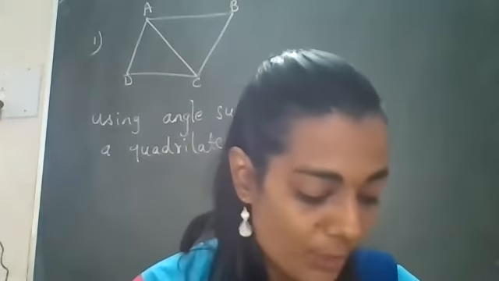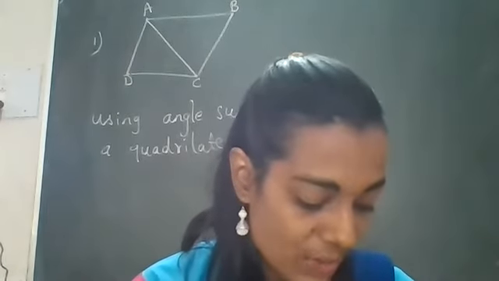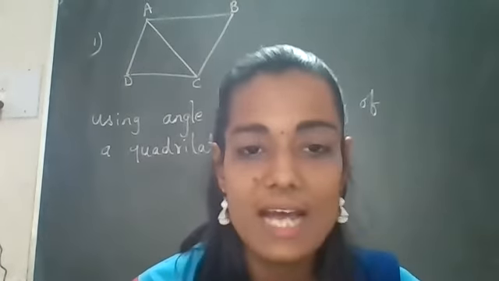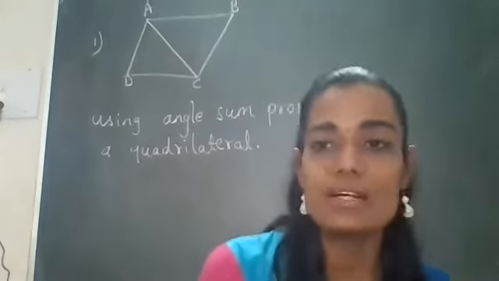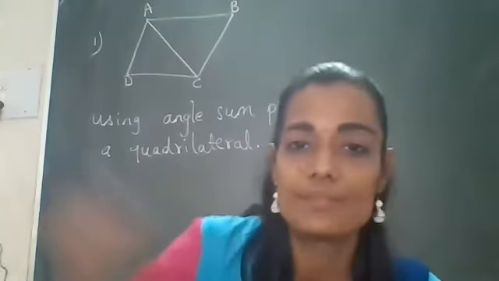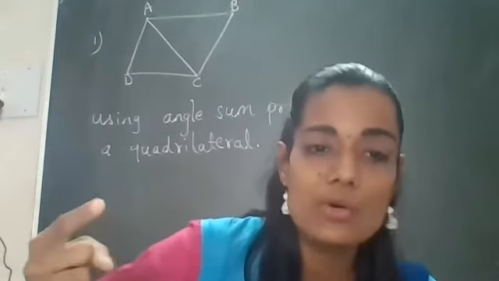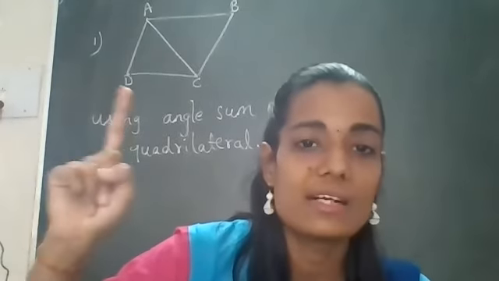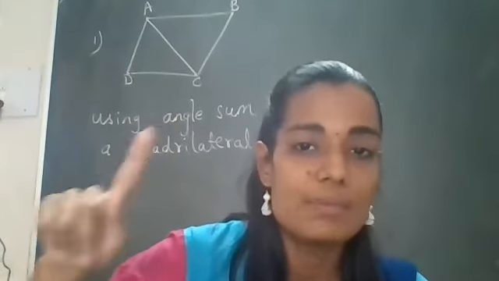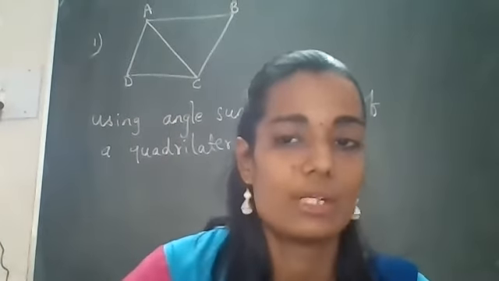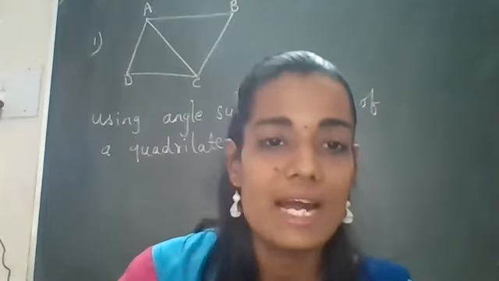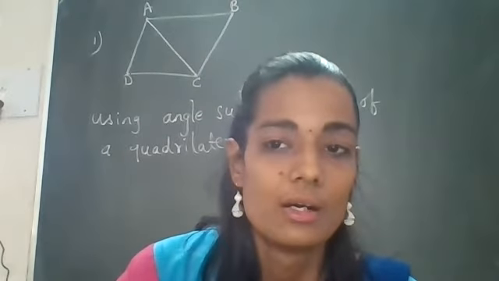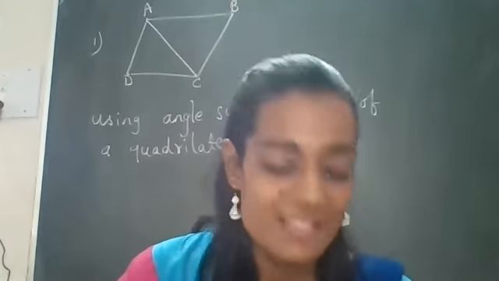Now, theorem 8.4 is that in a parallelogram, opposite angles are equal. We are considering ABCD as a parallelogram, then angle A and angle C are equal, and angle B and angle D are equal. So opposite angles are equal.